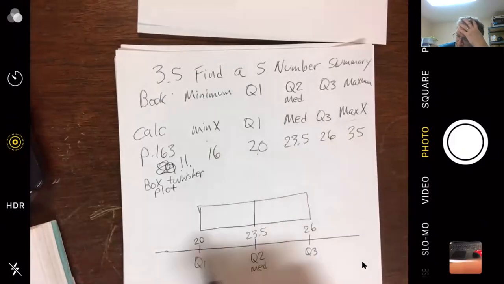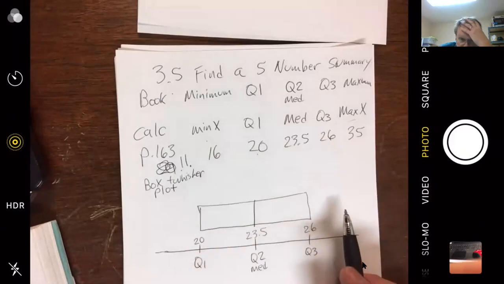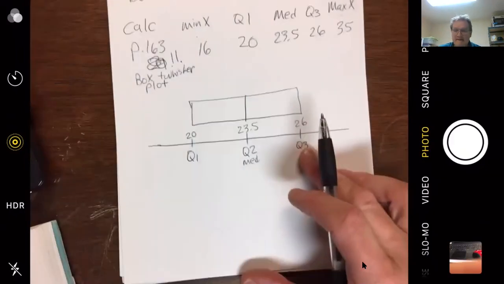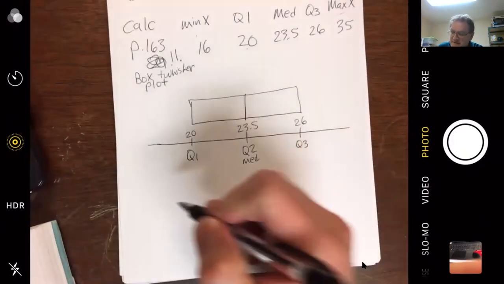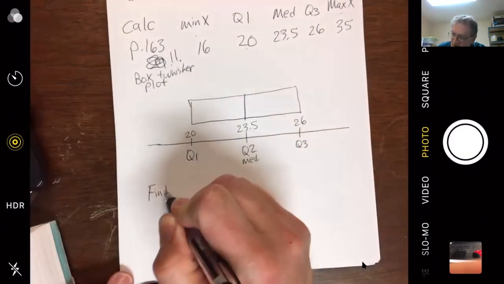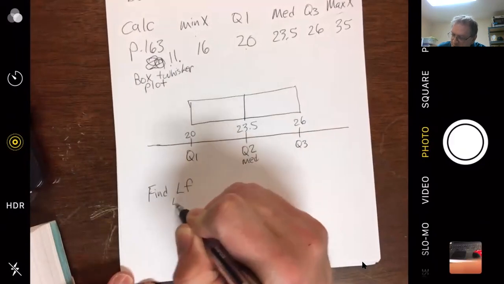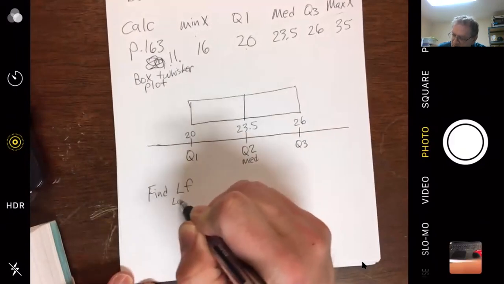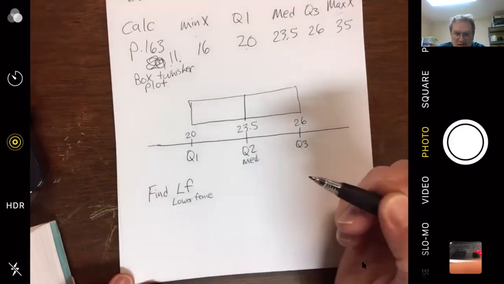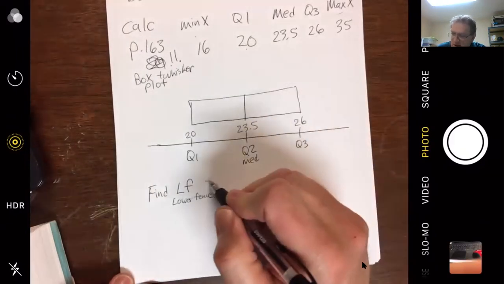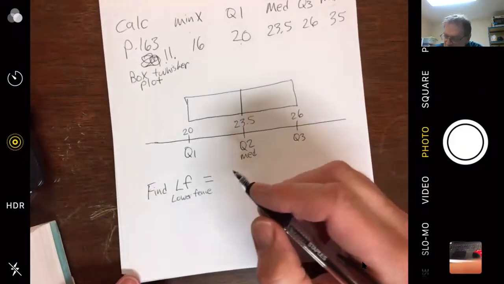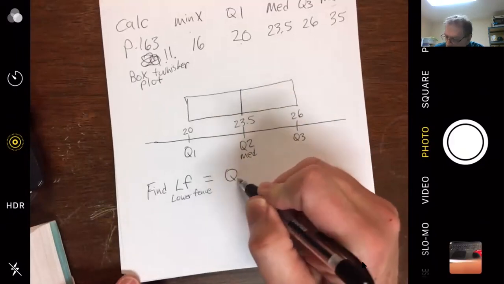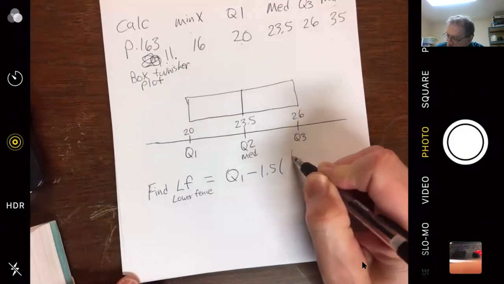Are you ready to do the outside of the plot? That was your fences. Find LF, lower fence. Have you got the formulas for these? Q1, subtract 1.5 times your IQR.